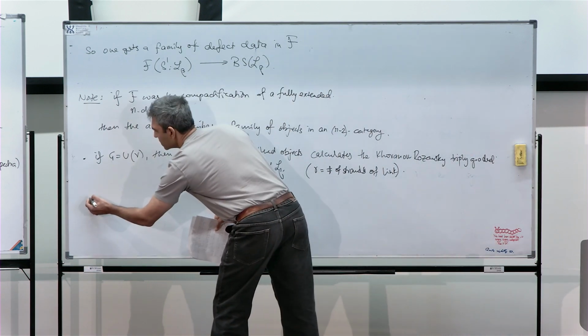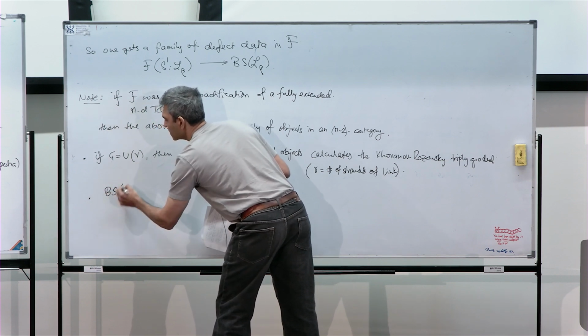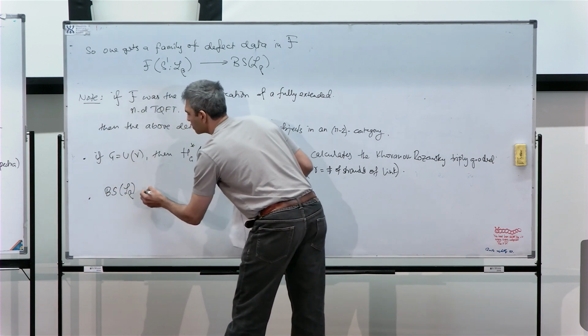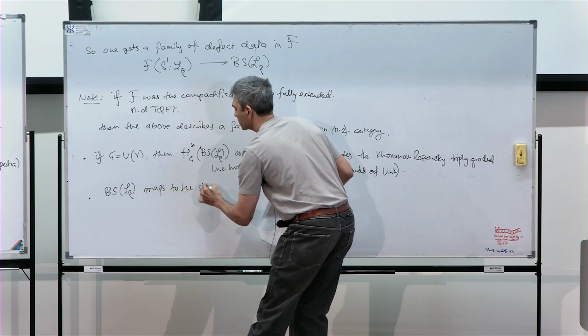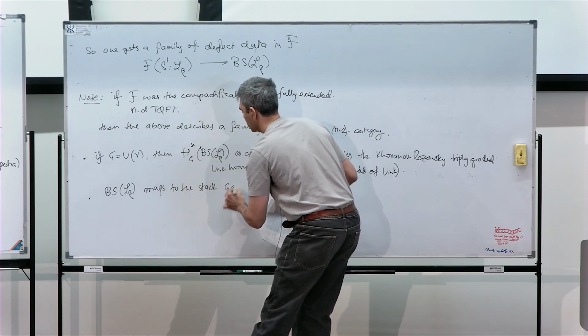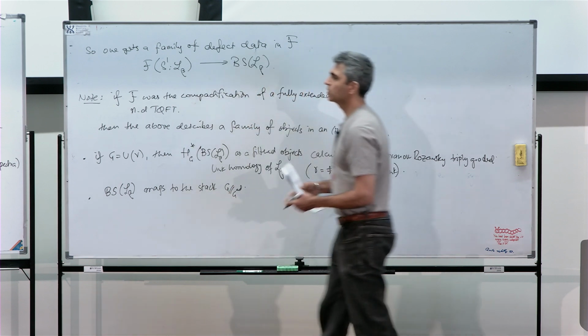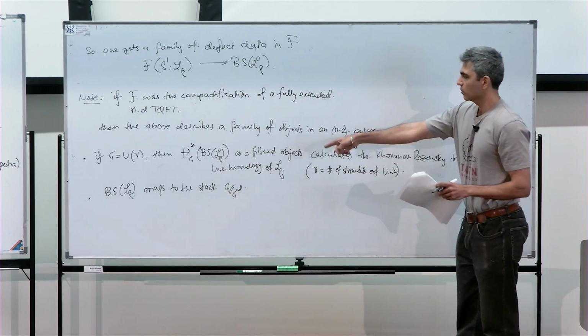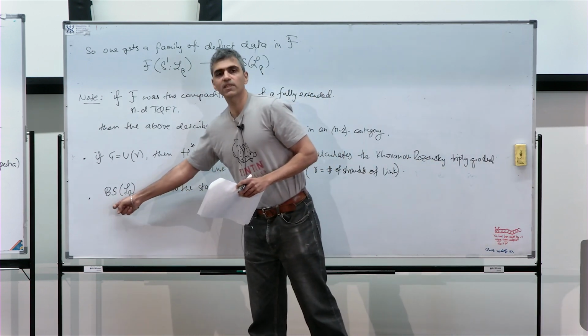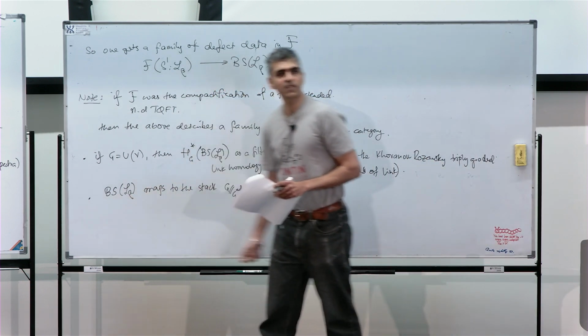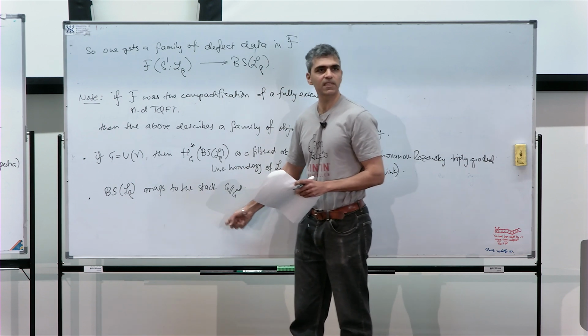The point here is BSL of beta maps to the stack G mod mod G almost by construction. This guy will map to this stack. So this guy will give you a local system where you can calculate twisted cohomology of this in any cohomology theory that has a twisting by this.